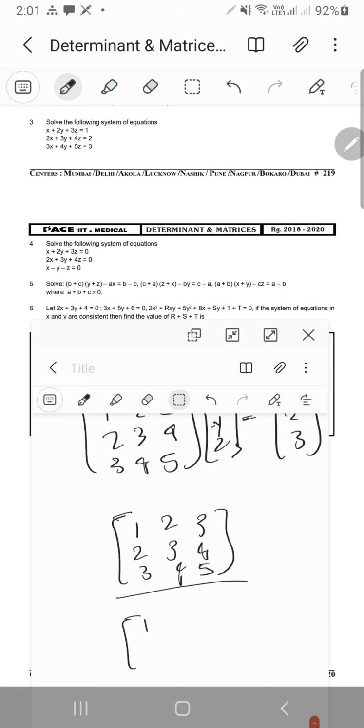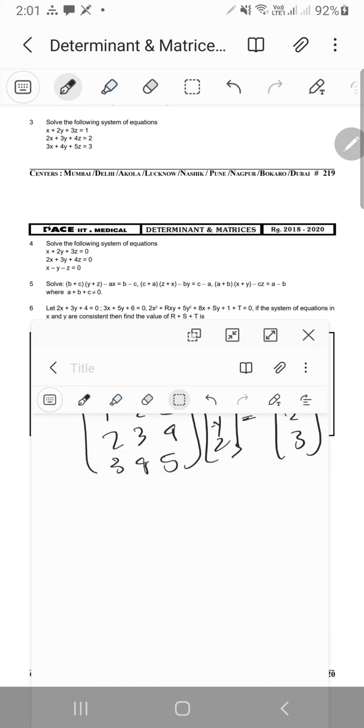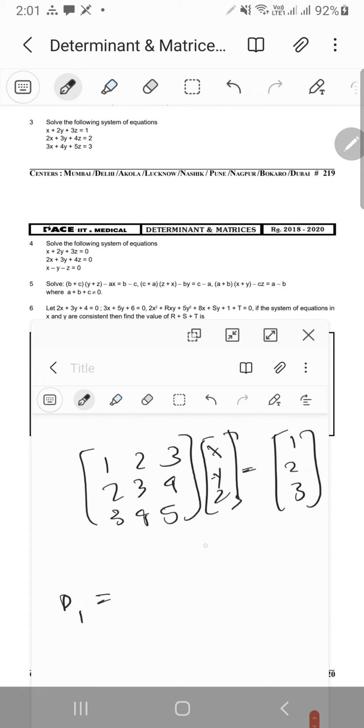So actually just calculate everything. d1 is going to be this thing: 1 2 3, 2 3 4, 3 4 5. I'm getting a bad feeling about this because all of these are just consecutive numbers, right? Yes, these are coplanar. This is an AP.